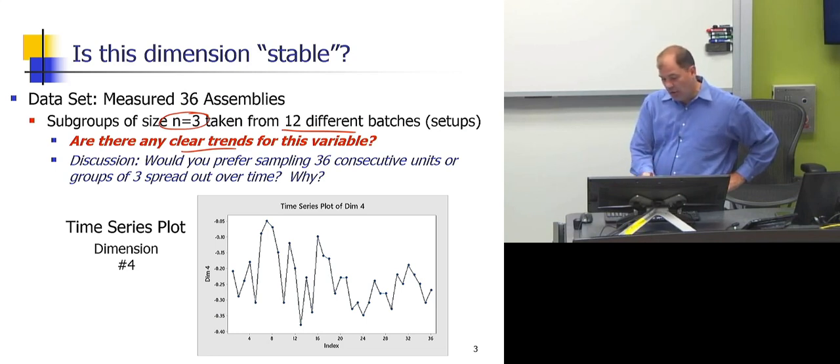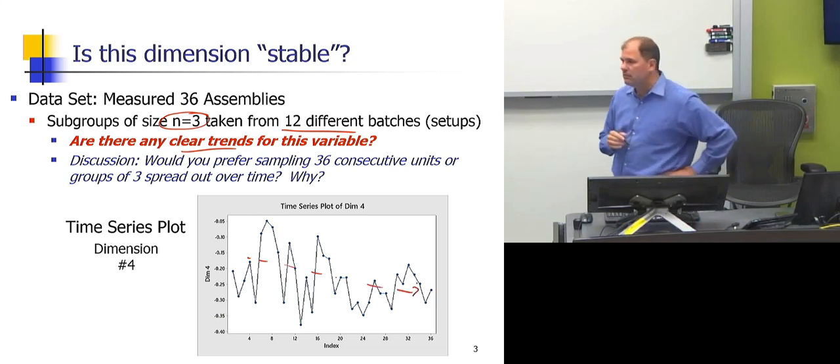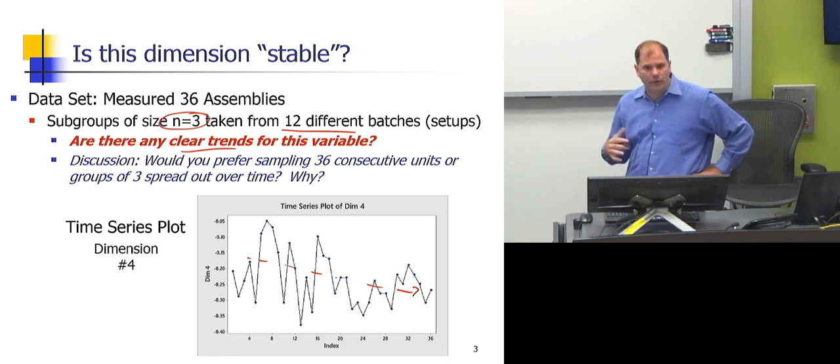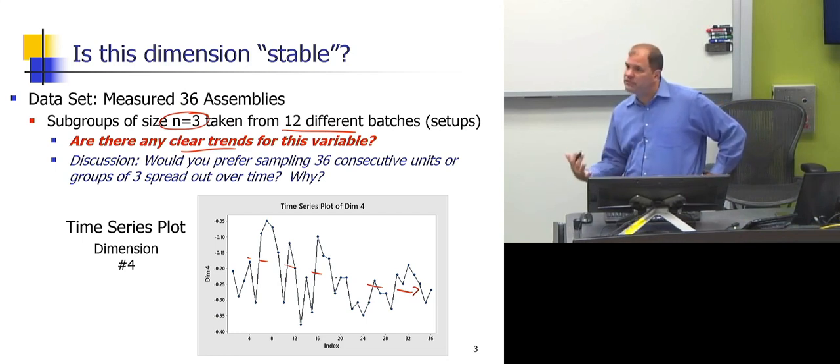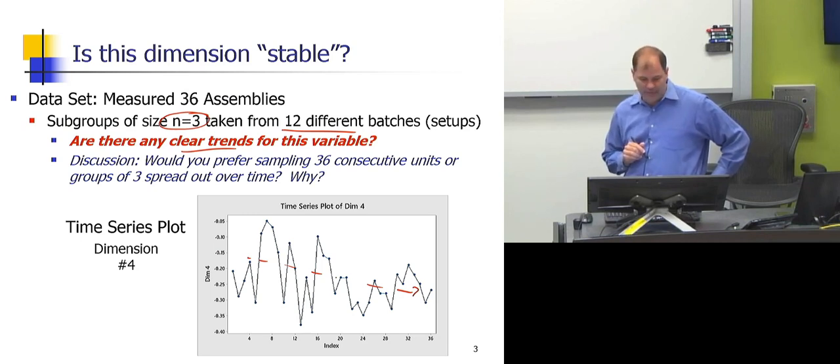You might think, oh, it looks like maybe there is a trend there, right? But it's rather subjective. SPC is going to provide us rules to help take out the subjectivity. I would argue that it's hard to tell here. We want a tool to be more objective.